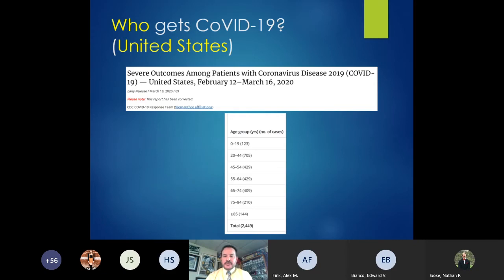So it really is important to recognize that it is a mistake to think that younger people are not getting infected and it's only older people. Younger people, again, are definitely getting infected with this virus.